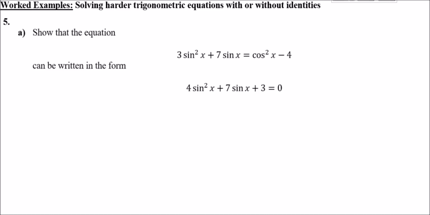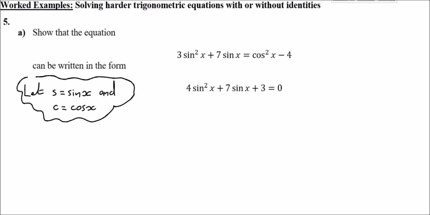Now, to make this just easier to write and just read a bit neater, the first thing I'm going to suggest we can do is just say that we're going to let small s denote sine x, and also we're going to say that little c denotes cos x. This is just going to make things easier to write down.